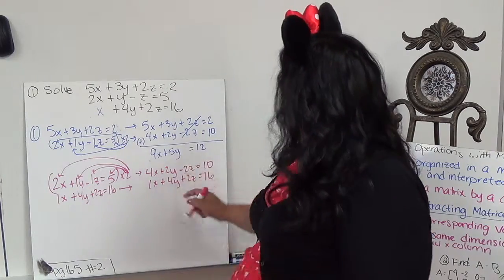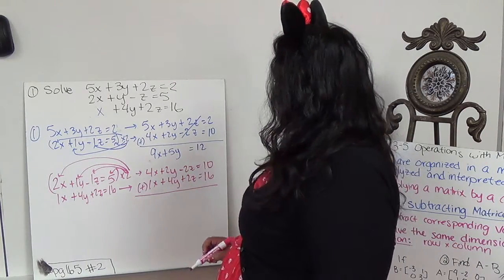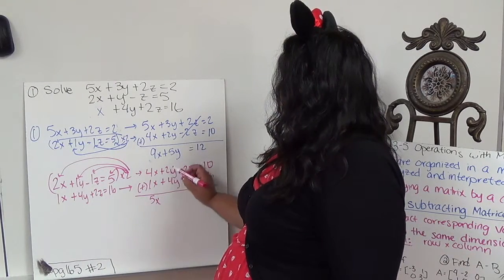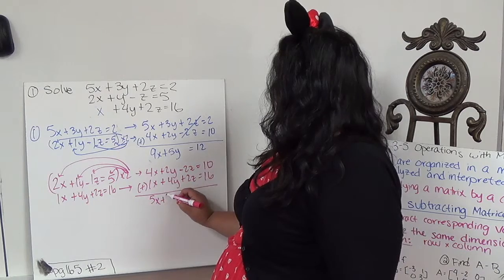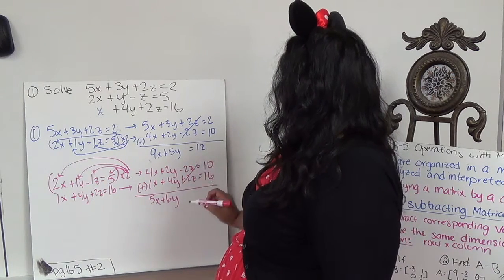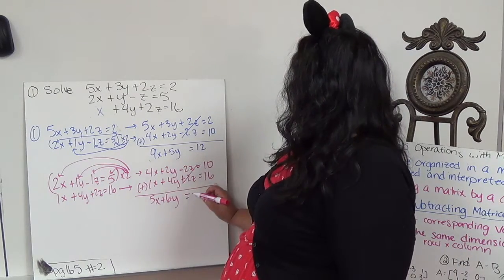And because these are opposites, I'm going to add. So 4 plus 1 is 5x. 2 plus 4 is positive 6y. Negative 2, positive 2 cancels out, and I end up with 10 plus 16 equals 26.